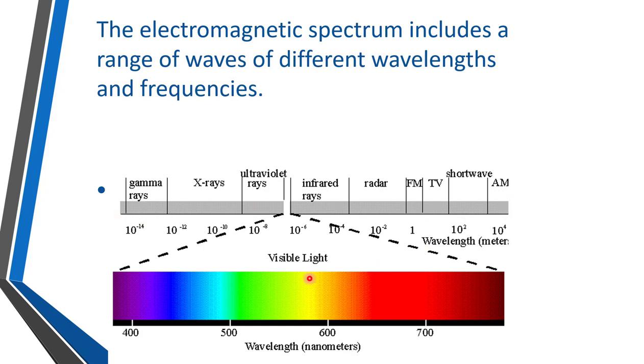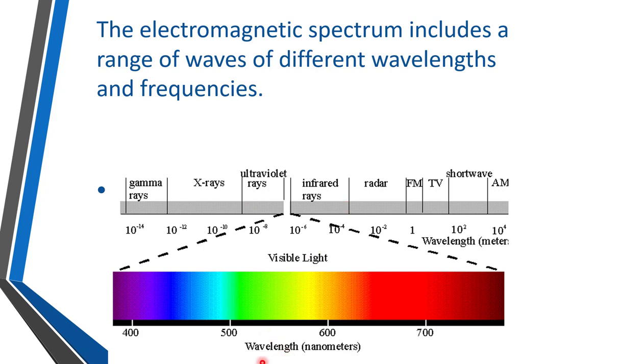Below that, their wavelength in meters is shown. For AM waves the wavelength is highest, and for gamma rays the wavelength is lowest. It is 10 raised to minus 14 for gamma rays, and 10 raised to 4 for amplitude modulated waves. Visible light is present in between these two, between ultraviolet rays and infrared rays.